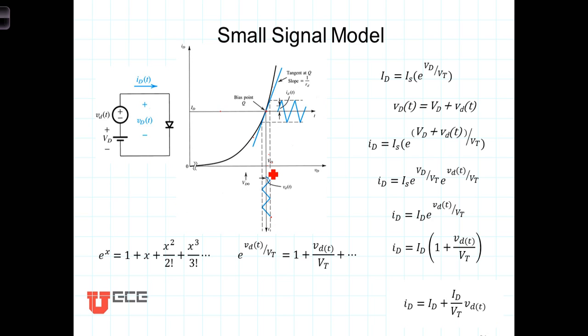So the voltage across the diode will be varying away from the DC point, both adding to it and also subtracting from it.